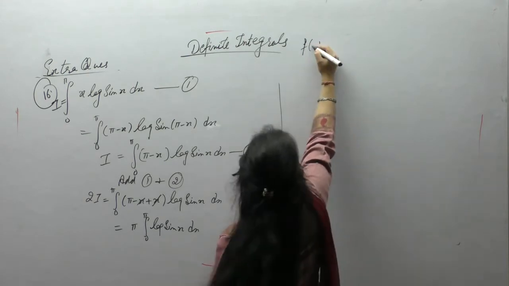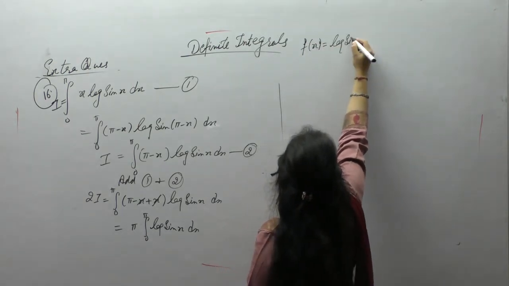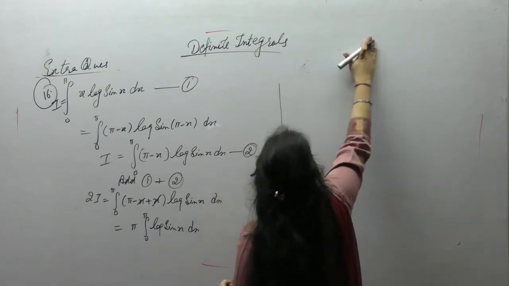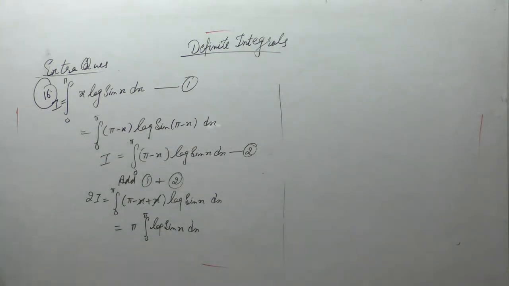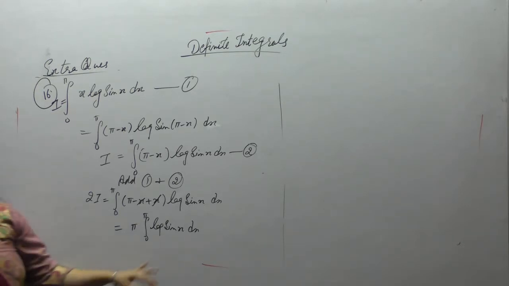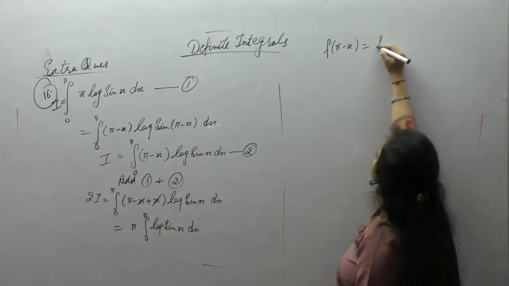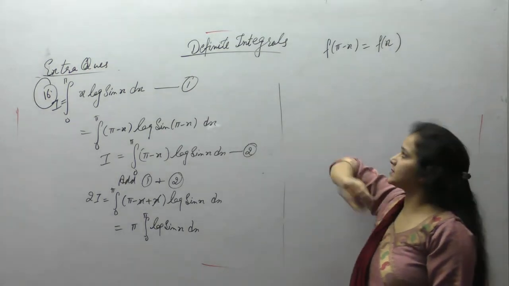Now we have f of x is log sin x, f of pi minus x is equal to f of x, because sin pi minus x is also sin x.